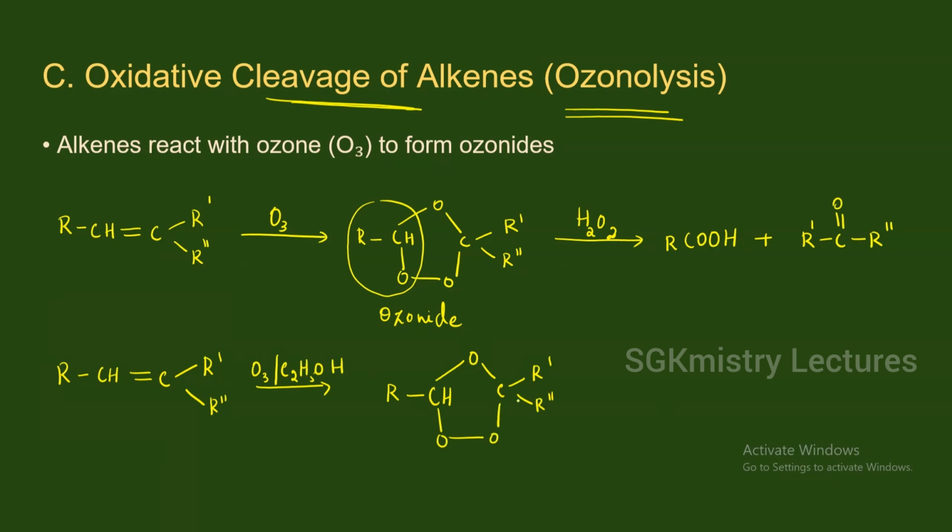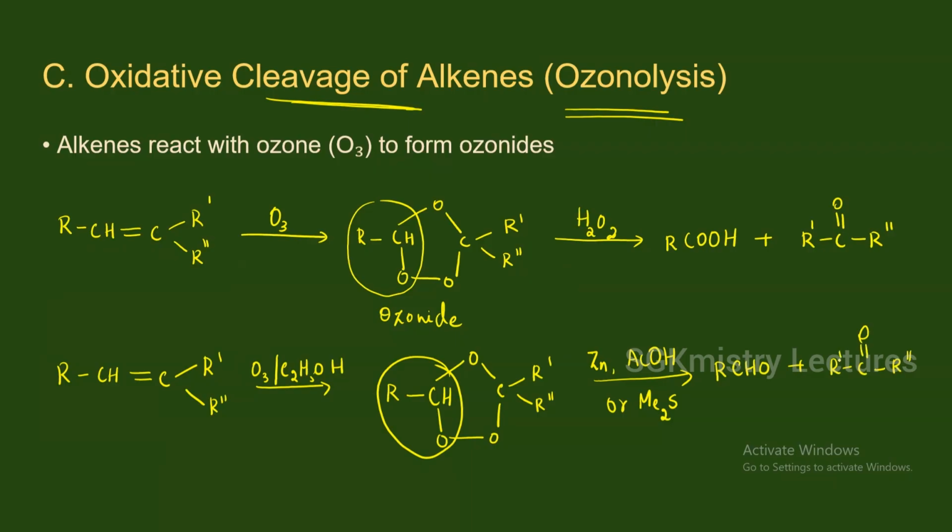This is the ozonide that is formed. Now, if I use zinc and acetic acid or dimethyl sulfide, so you're going to get RCHO from this part, and then you're going to get the ketone, R dash CO R double dash.